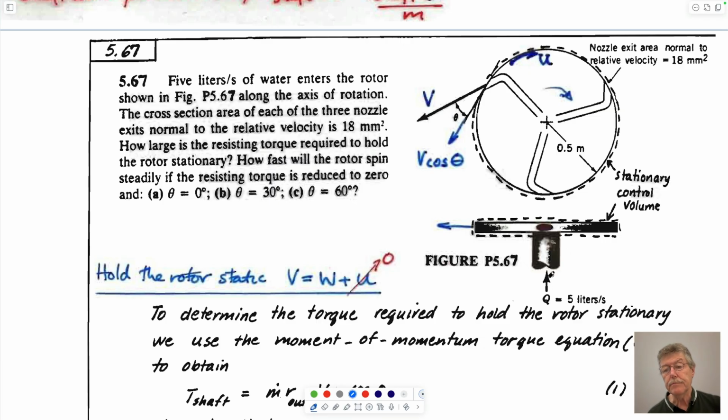The water comes in from the inside, so we don't have to worry about drawing a control volume where we have a velocity across here. We've eliminated that. And we've made sure that we write our expression in terms of the velocity of the control surface.